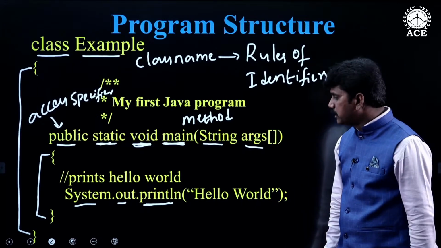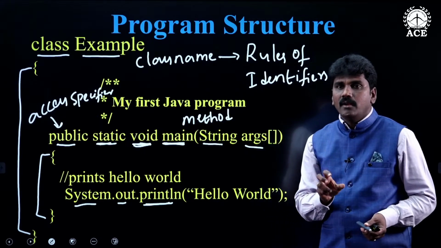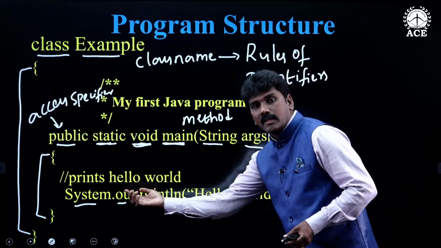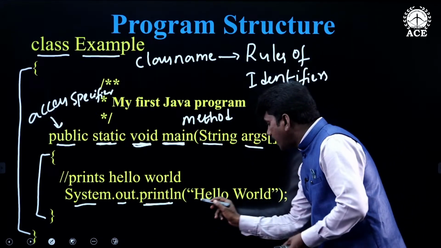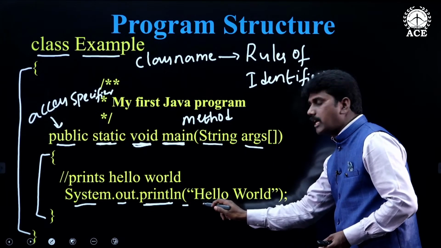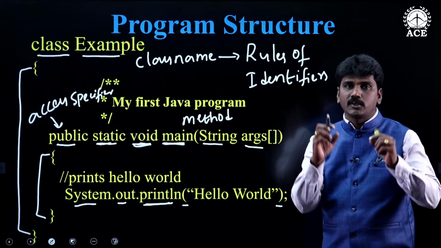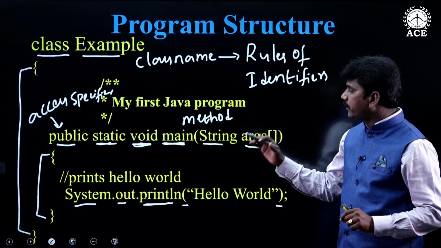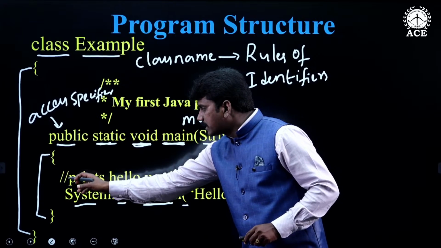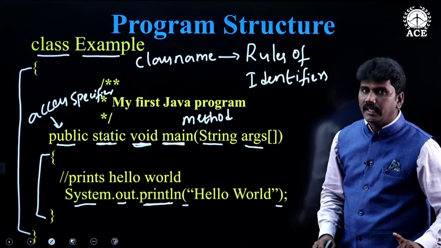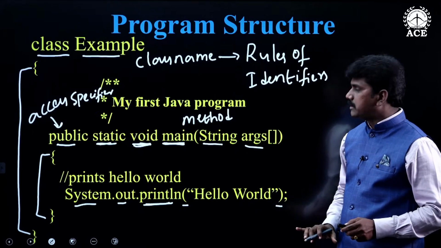So if you want to print anything in Java, we have to use the statement System.out.println, and inside this we can write a string, like here I have taken Hello World. This Hello World is going to be displayed whenever we execute this program, right? So here I have taken double slash prints hello world. It is the single line comment. So this is the simple structure of the Java program.